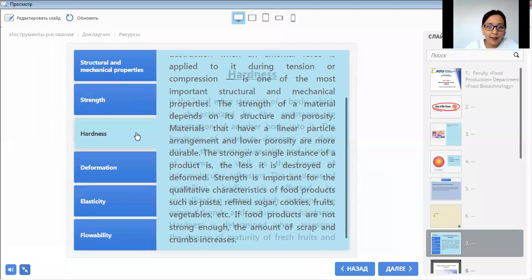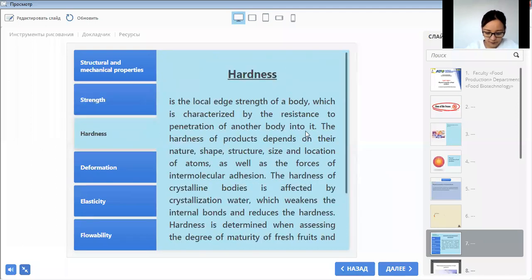And the next characteristic is hardness. It is a local strength of the body, which is characterized by the resistance to the penetration of another body into it.